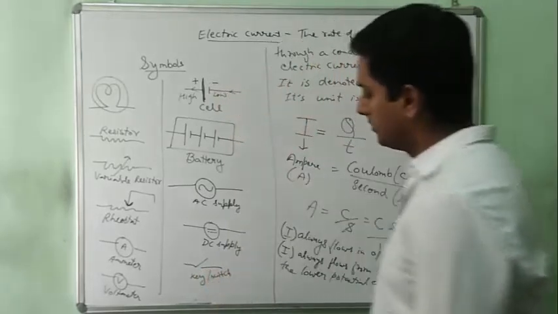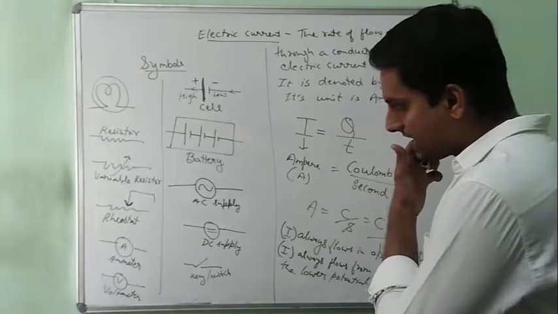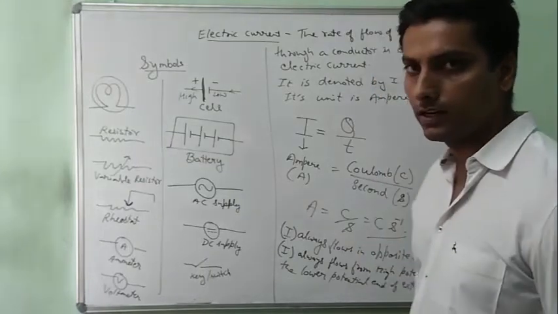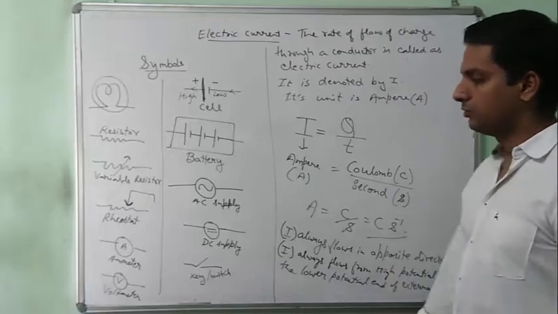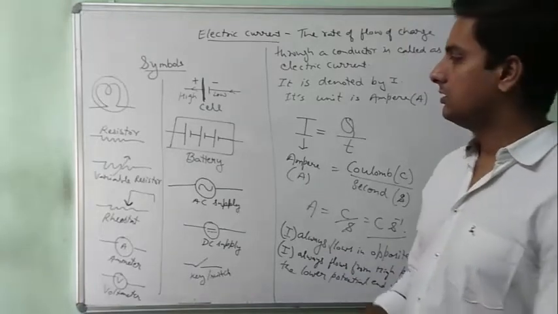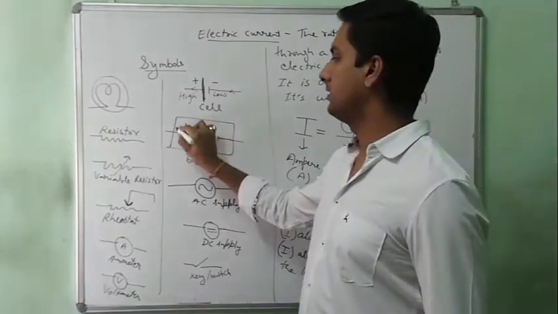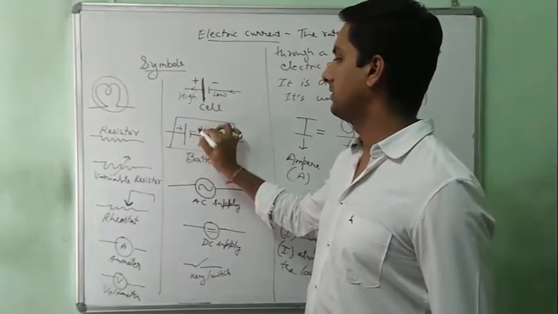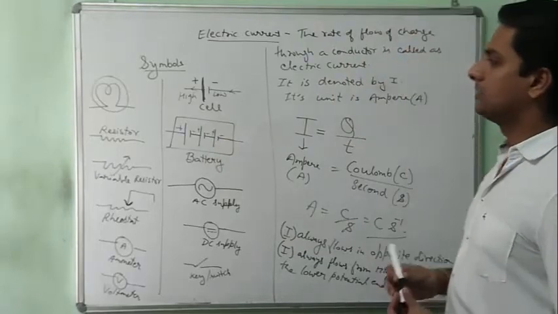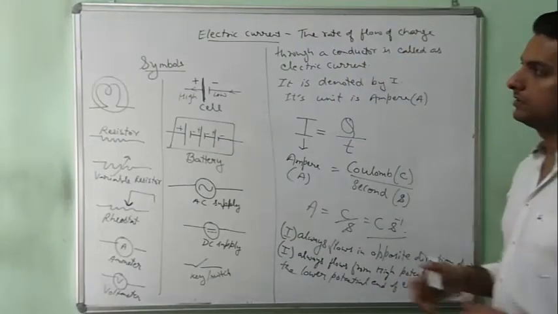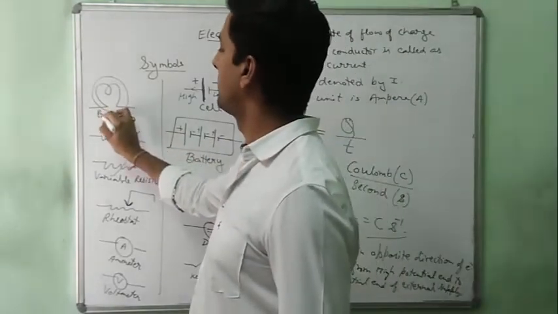Okay, so these are generally the symbols that we will come across in our circuits when we will be doing some numericals. Correct? I hope this is clear. Note this down. This will be the positive end, the higher end. This is negative, this is positive, negative. Okay? Note them down. This is the symbol for a bulb.